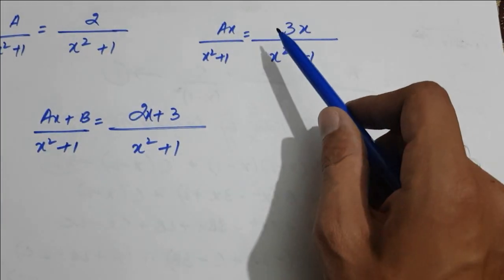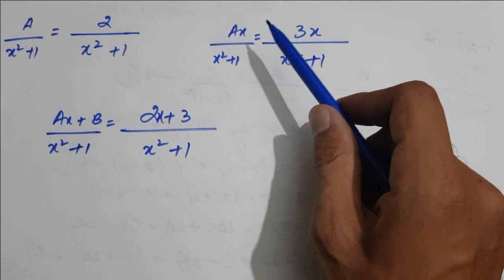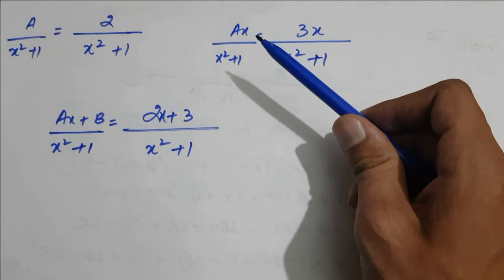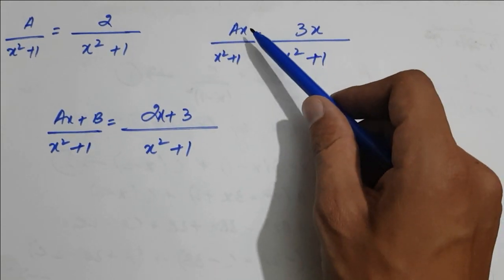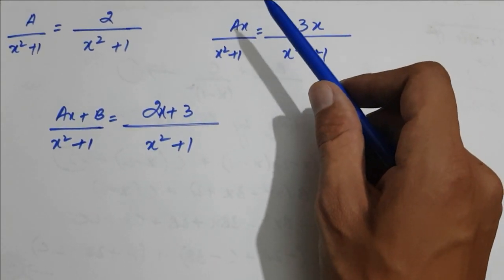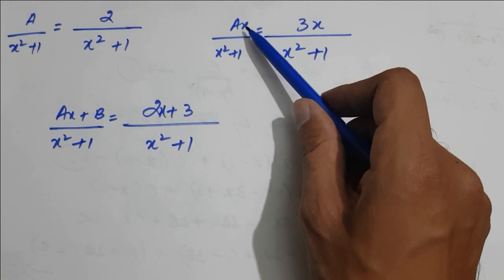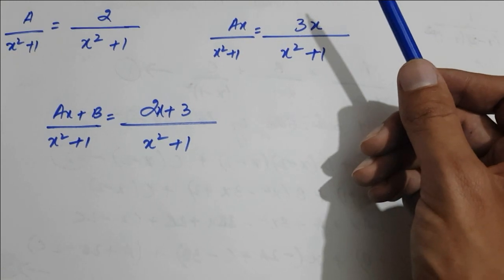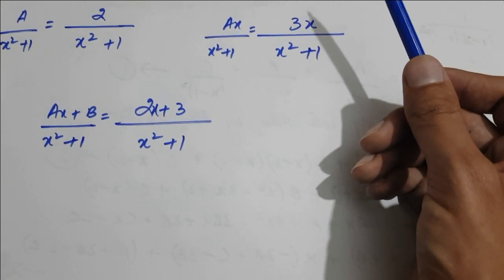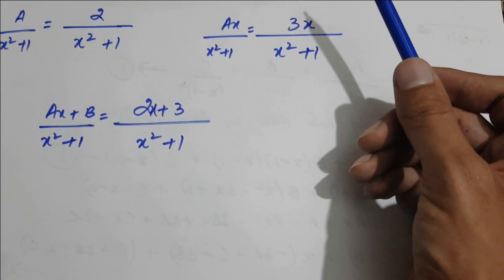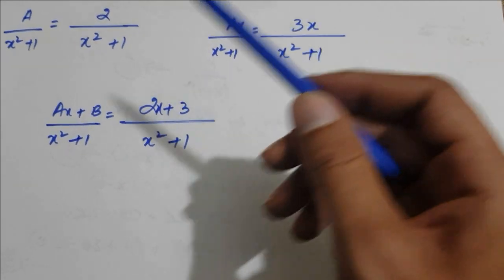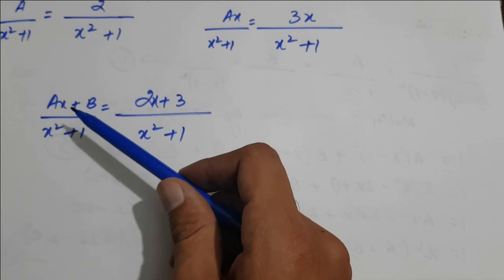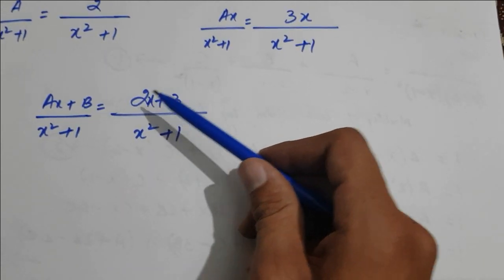Let's say we assume this type, in which we have Ax over x squared plus 1, but the partial fraction consists of a constant term alongside this Ax. In that case, we are not going to find the constant ever. And let's say the partial fraction is of the type a variable and a constant.